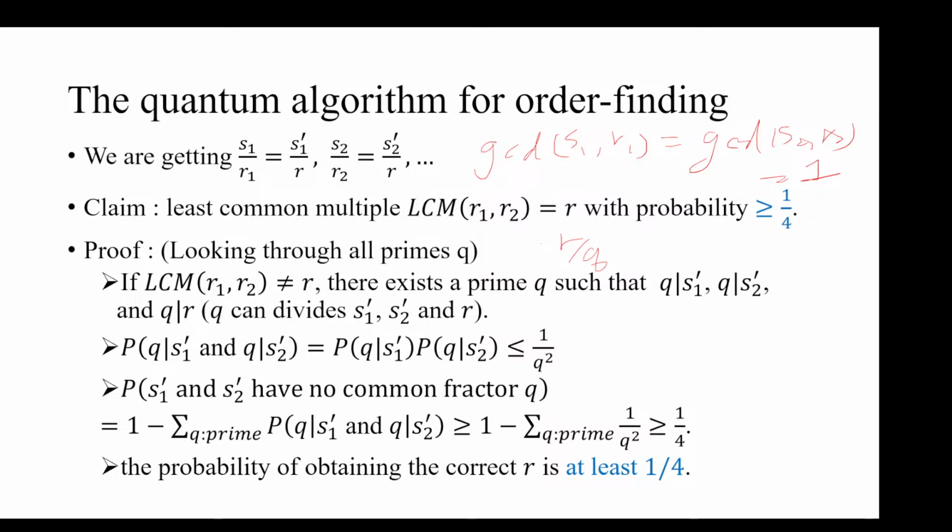And because they are drawn independently, the probability of both of those things happening is just the product of the probabilities.